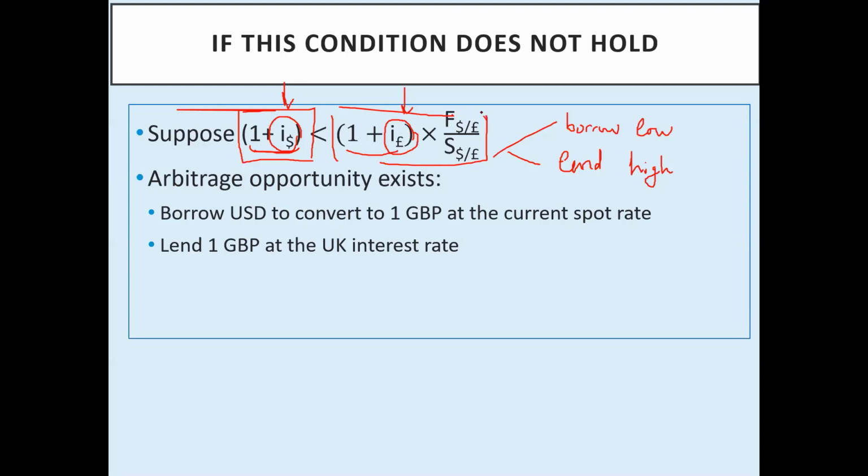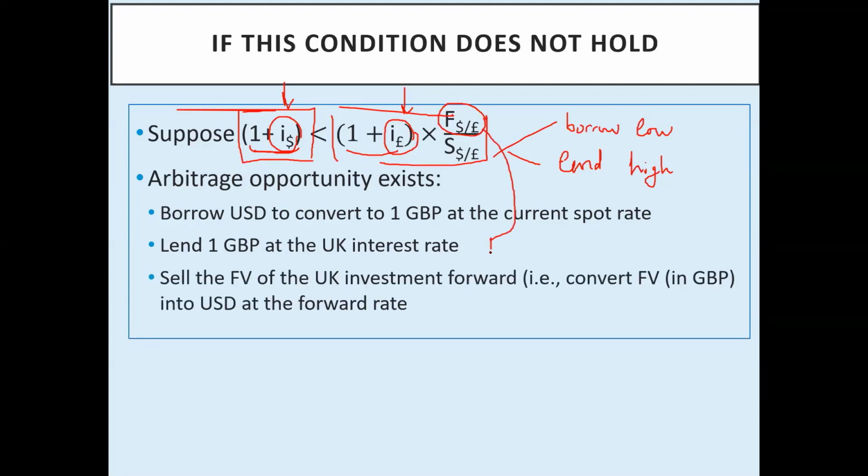So to hedge my foreign exchange rate risk, I once again involve the use of the forward rate, okay? So here I'm going to use the forward rate as well. So this strategy is called covered arbitrage, meaning that our position is covered by the forward contract, okay?